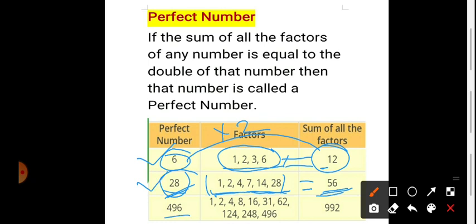Similarly, 496 is also a perfect number. Here also one thing we can note down is that from 1 to 100 there are only two perfect numbers, 6 and 28.